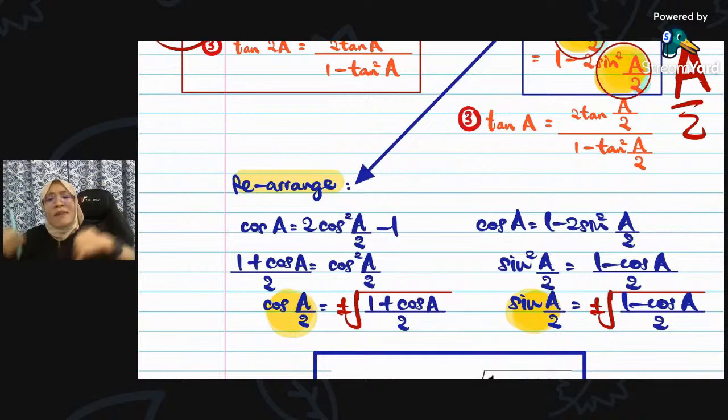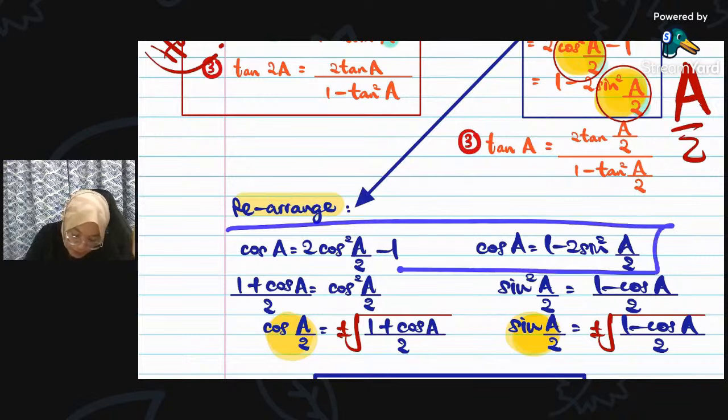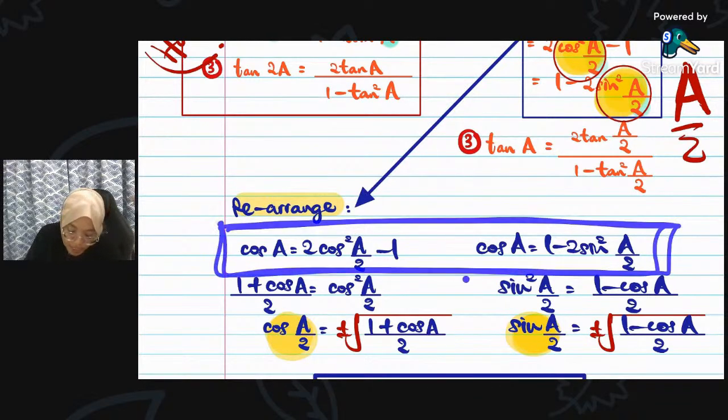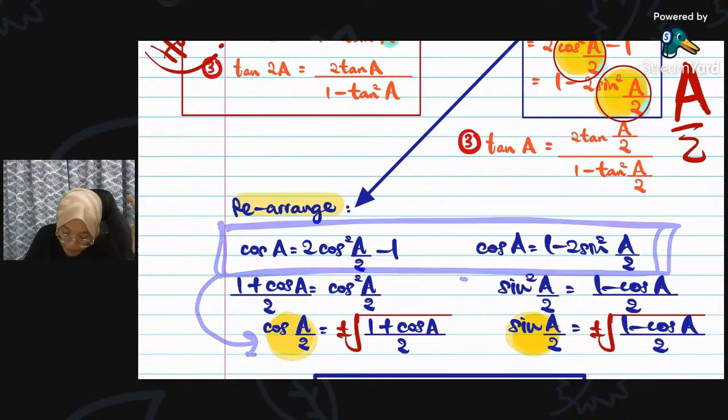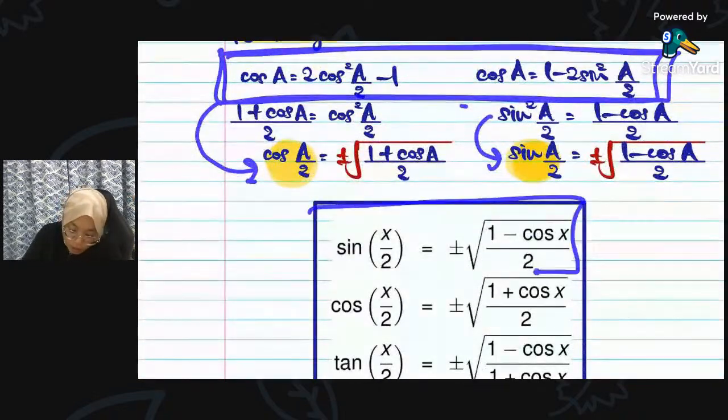Bukan diwujudkan, memang terwujud apabila nak cancelkan square ni lah. So basically we are just rearranging the two formula of the half angle formula. I rearrange it until I got a cos A over 2 and sin A over 2. Terhasilnya lah dua formula ni.